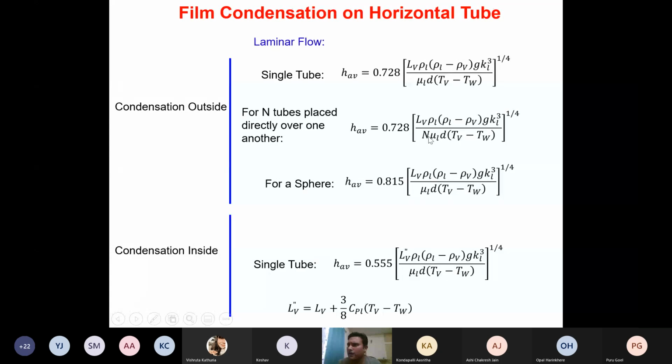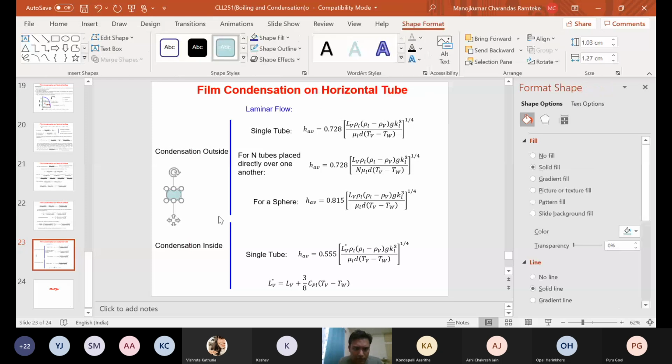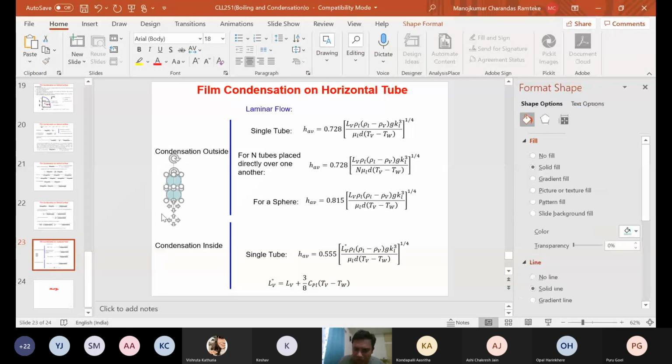This is a very important word. Don't get confused. Maybe I'll just explain it a little bit more. Suppose you are having horizontal tubes arranged one above another like this. So what will be N here?